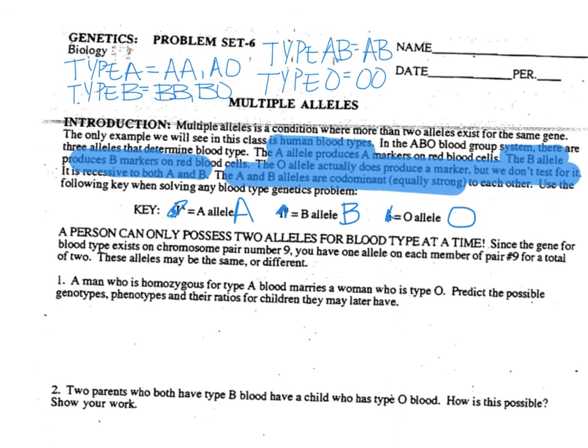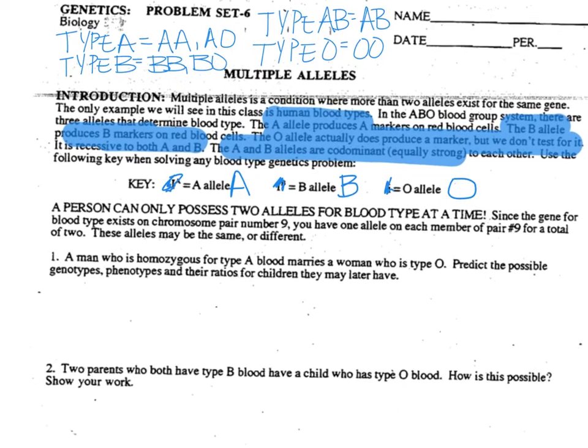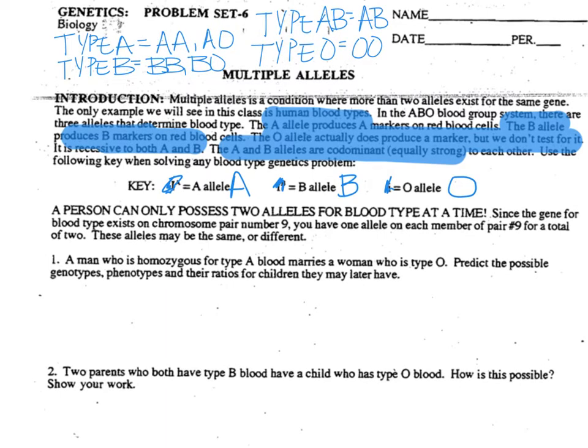Okay, so we're going to use that key for the problems. If you take a look at number 1, it says, a man who is homozygous for type A blood marries a woman who is type O. So she's type O, so she has 2 O's. Predict the possible genotypes, phenotypes, and the ratios for the children they may later have.